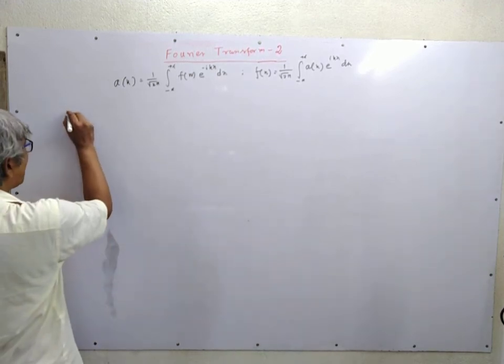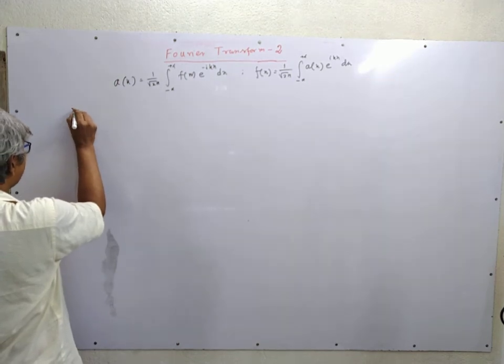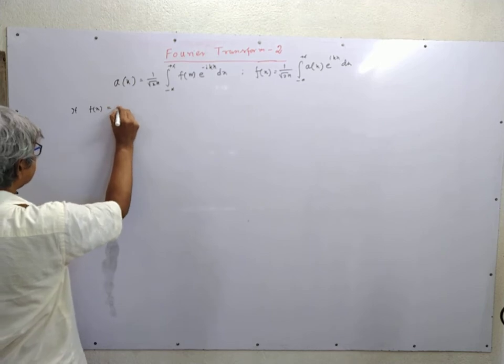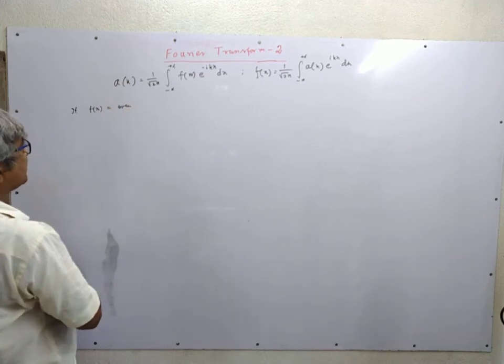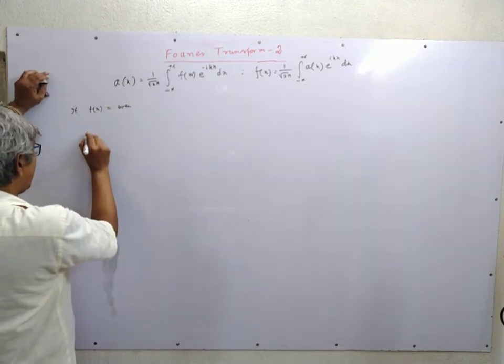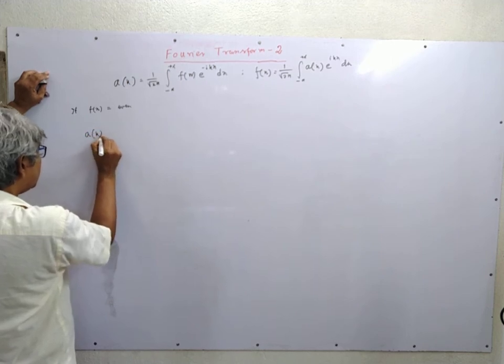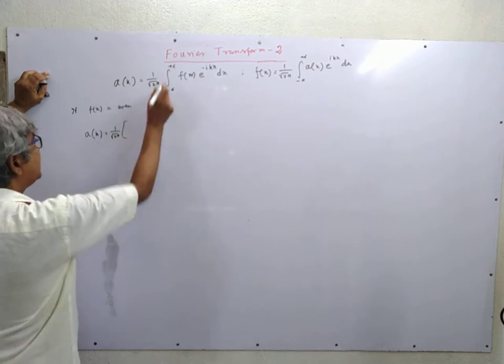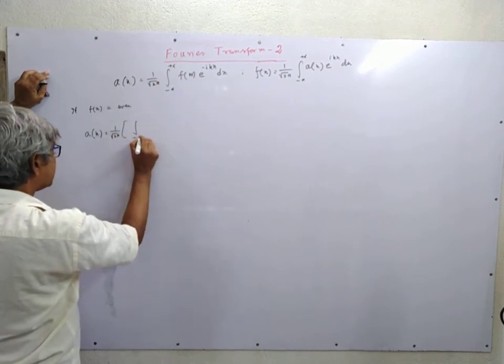So, if f of x is even, then what happens? We define a of k. We divide the interval into two parts.